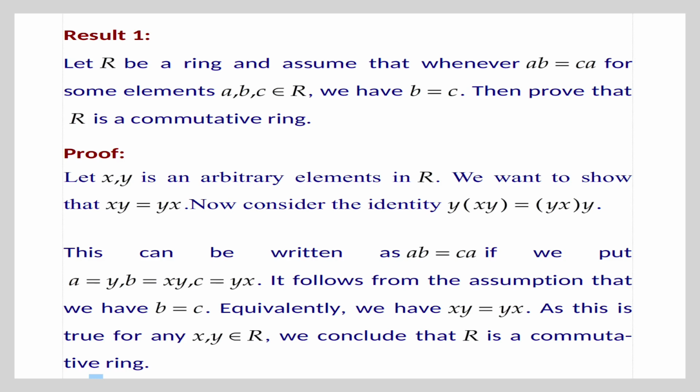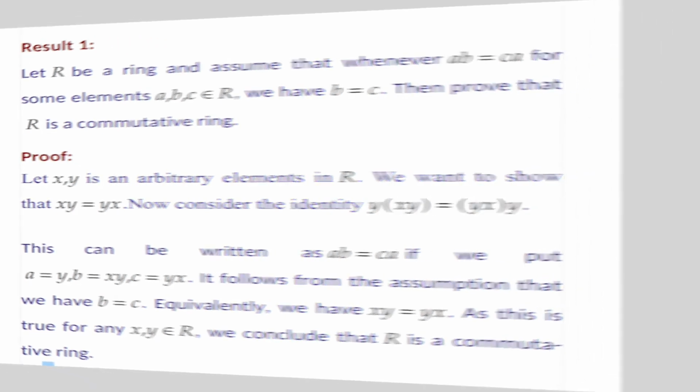It follows from the assumption that we have b equal to c. Equivalently, we have xy equal to yx. As this is true for any x, y belongs to R, we conclude that R is a commutative ring.